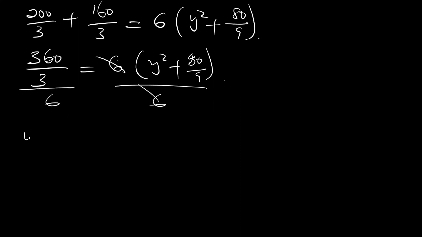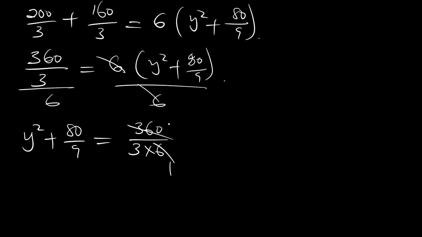So now you have y squared plus 80 all over 9 equal to 360 divided by 3 times 6. So 6 here, 1, 6 here, 60. So 3 here, 1, 3 here, that is 20.